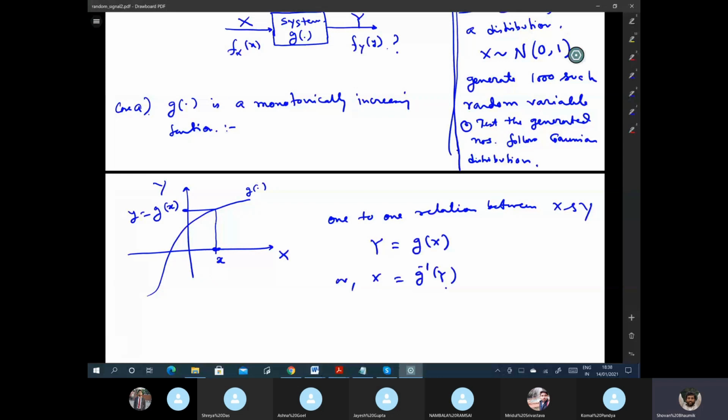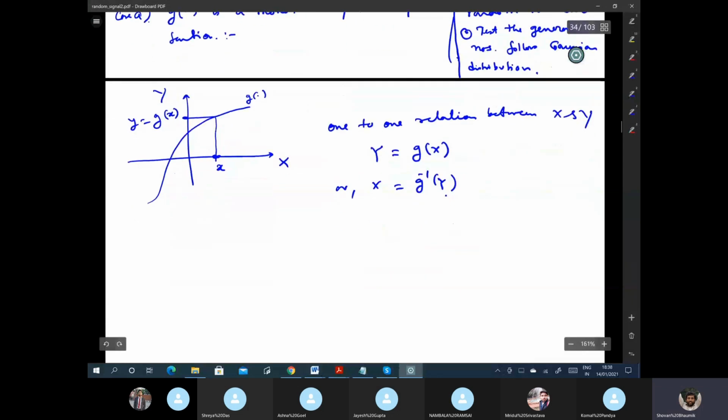Now let us think what will be the CDF or PDF of y. First let us try to calculate the CDF. What will be the CDF of y? F of y at small y will be equal to the probability of y being less than or equal to small y.